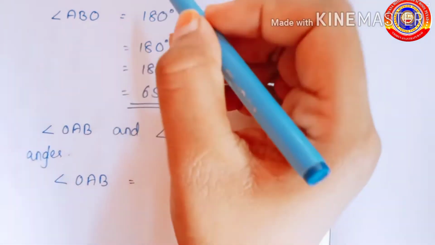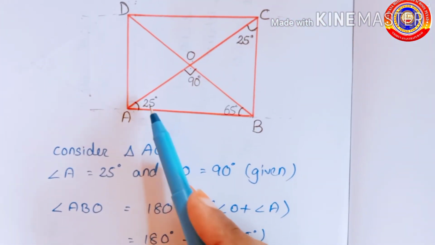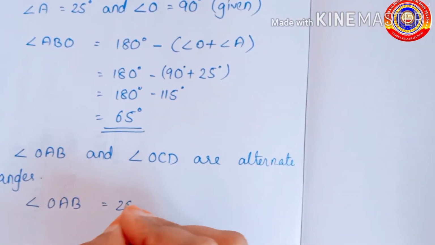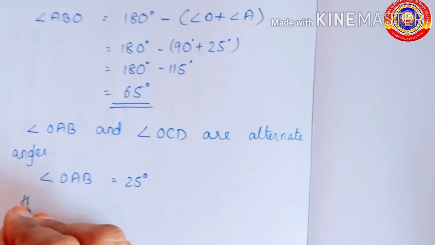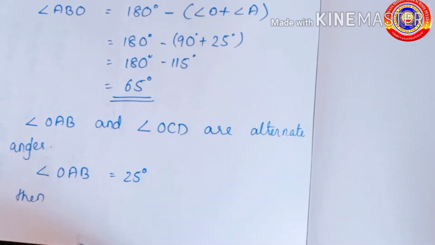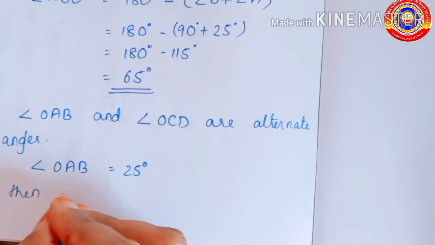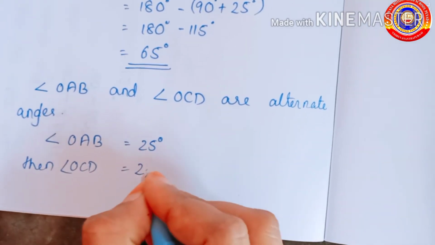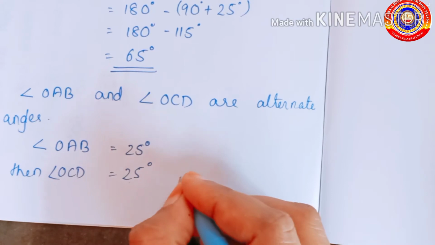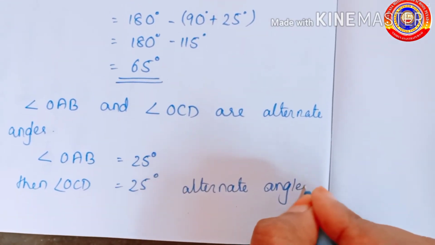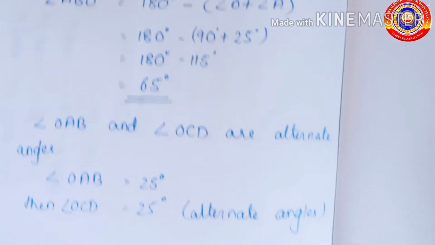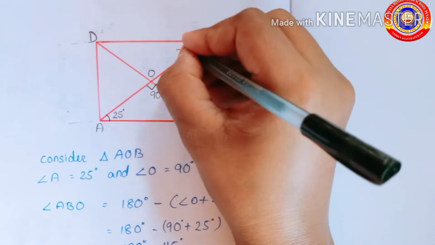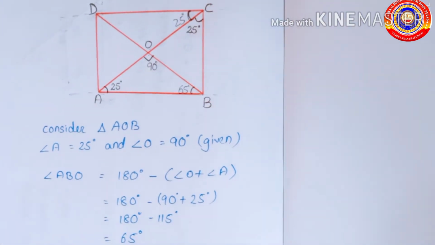In the figure, angle OAB is 25 degrees. Then angle OCD, which is the alternate angle, is equal to 25 degrees. That is, pairs of alternate angles are equal. Now we got angle OCD as 25 degrees.